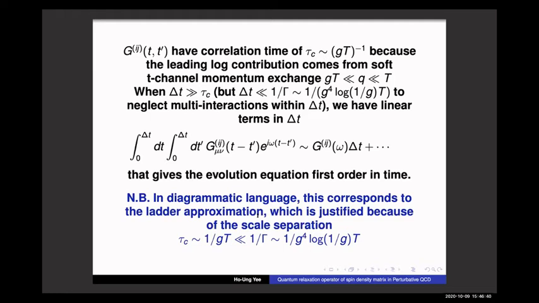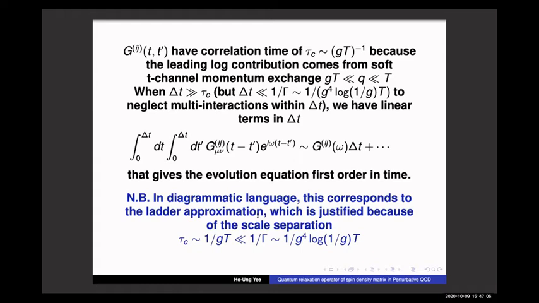Now, it is important to discuss the time scales involved here. It turns out that the relevant time scale of this 2-point correlation function of gluons is given by gT, because the dominant leading order contribution comes from that scale of Q given by gT.